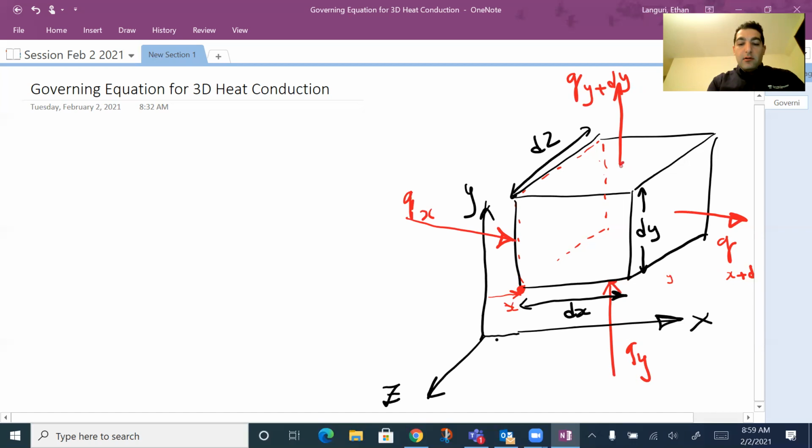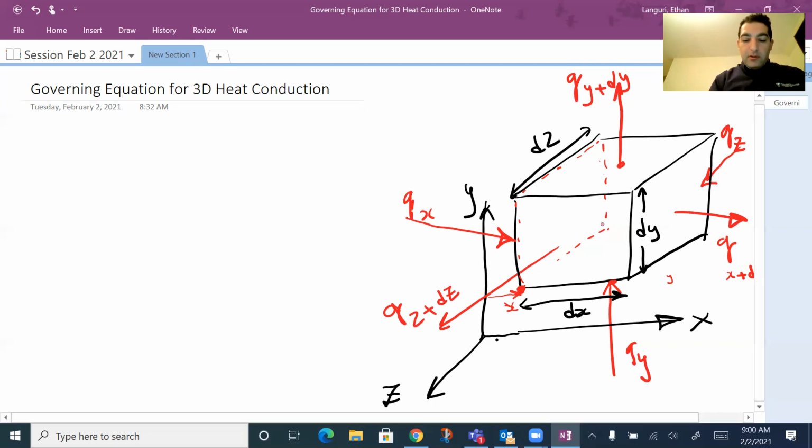So at the outlet of Q along the y direction, the location is y plus dy. So that's how I call it. Z, same way, comes in at Q sub z, let's assume, and then leaves at Qz plus dz, because dz is the thickness of my element along the z direction.